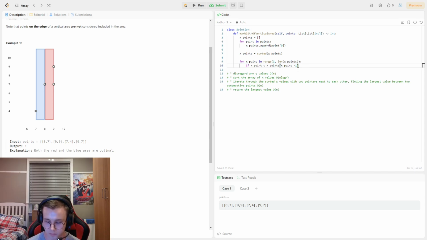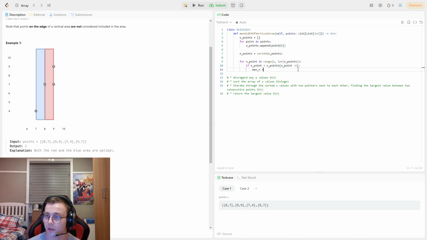Okay, then max_x is equal to, so if the current x point is, no, you need to find the difference of the one that you're on and the one before. So you would be doing the bigger one here, so it would be this minus x_points x_point.